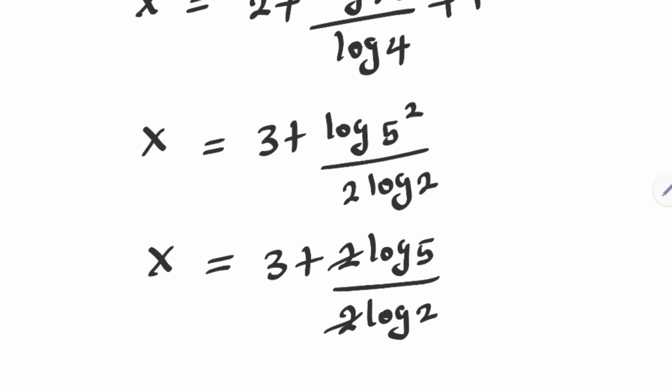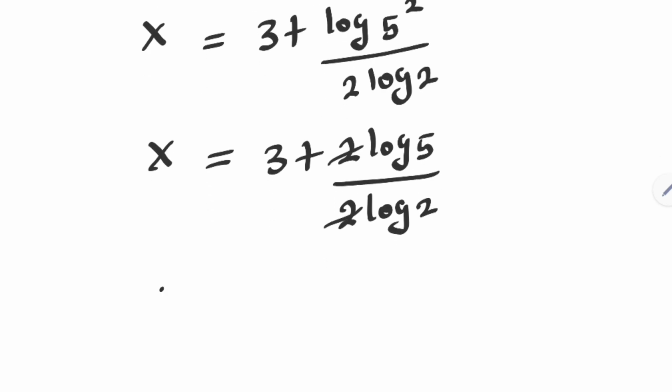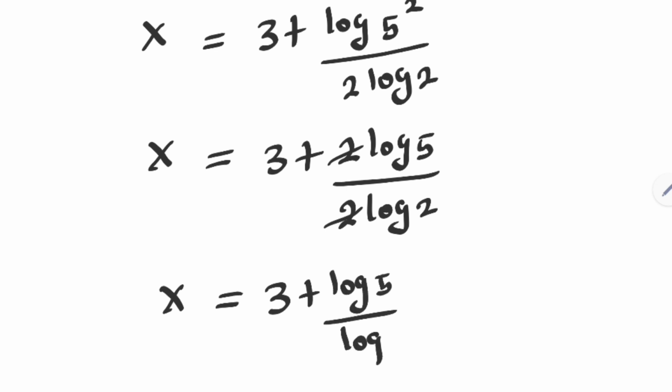These two cancel these two. s is equal to 3 plus log 5 divided by log 2.